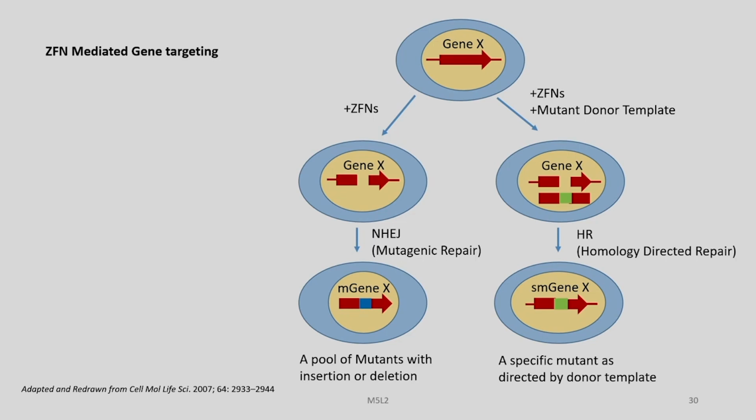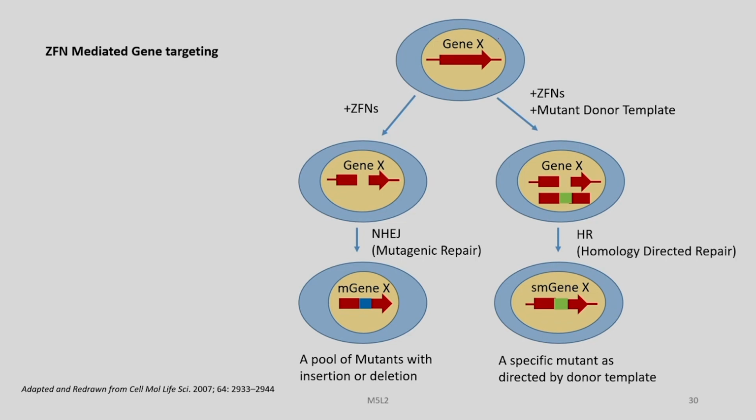In the earlier slide, we discussed the requirement of dimerization of the nuclease domains to induce a double strand break. So, we are going to use that double strand break generation by ZFNs for ZFN mediated gene targeting.